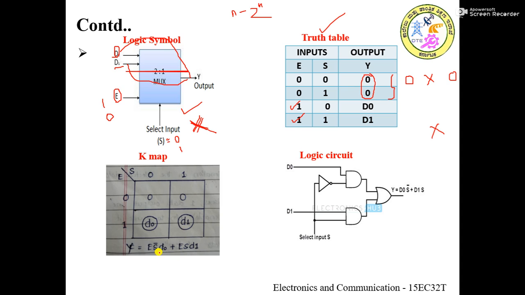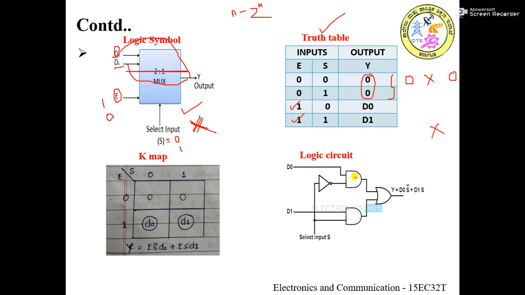And here in some terms you will be getting bars. Bars mean negation. So to implement that, we need a NOT gate. This means that all SOP equations are implemented using the basic logic gates: NOT gate, AND gate and OR gate. That functionality is implemented here, you can see.